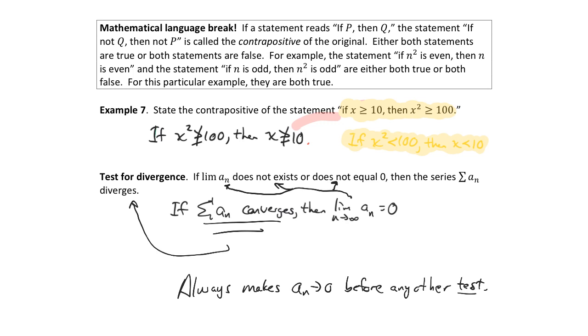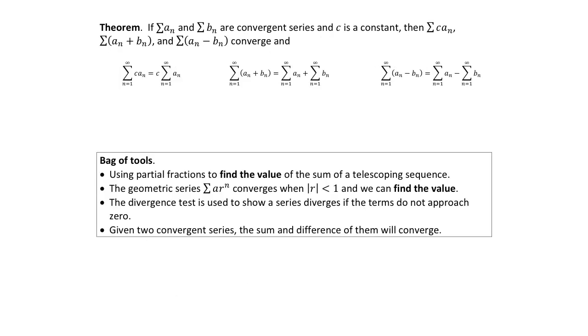Always make sure. There are some theorems that are going to be helpful. Sorry for the smaller type, but I wanted to fit it on here. Suppose we have two convergent series, one with terms a sub n and the other with terms b sub n, and then c is just some constant.